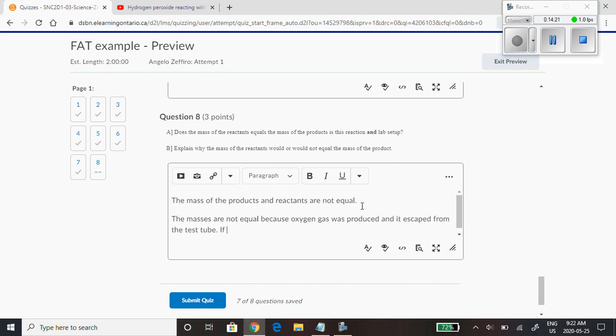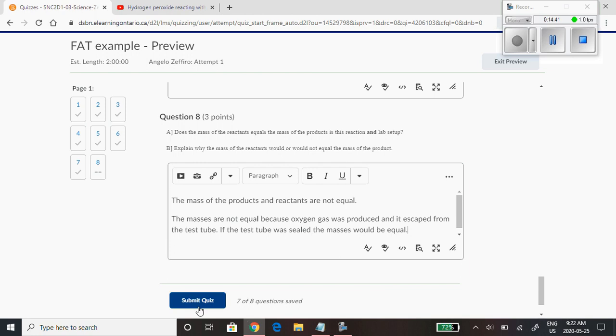If the test tube was sealed, the masses would be equal. And you've done your final assessment task, 8 questions.